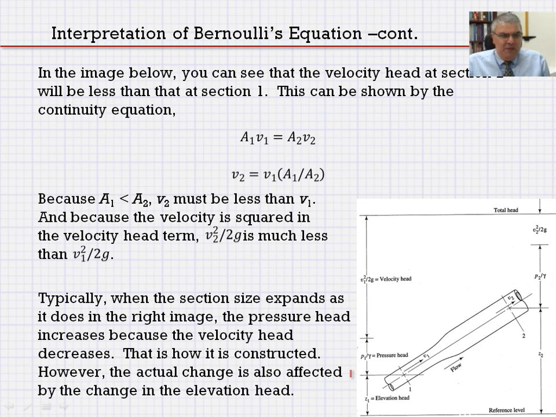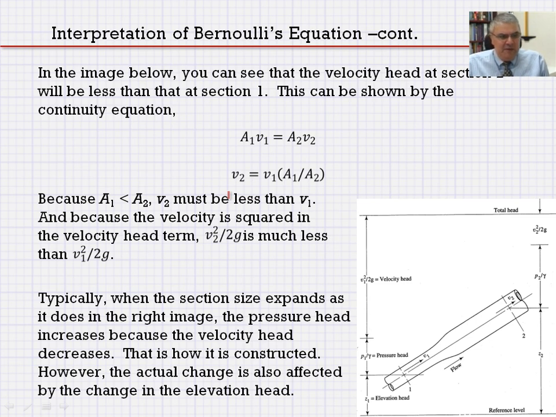So from here, of course, the velocity head at section 2 will be less than the velocity head at section 1 because of the shape of the pipe, as demonstrated by this figure. According to the continuity equation, A1 V1 equals A2 V2, and from here we can simply take V2.